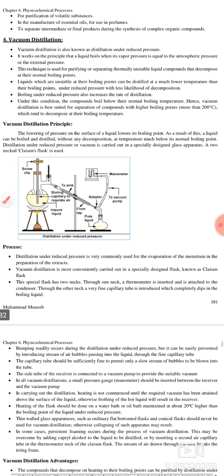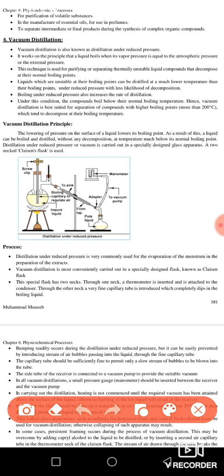Now, the fourth type of distillation is vacuum distillation. As its name indicates, you are going to introduce a vacuum pump into it. The purpose of introducing the vacuum pump is to reduce the pressure, so you are performing your distillation under reduced pressure. There is a benefit to it, because whenever you decrease the pressure on a compound, its boiling point also decreases.